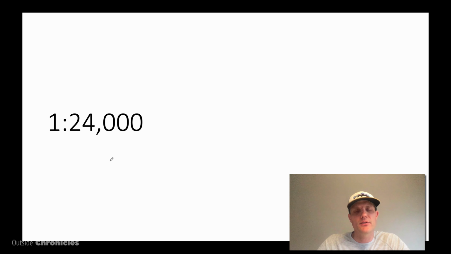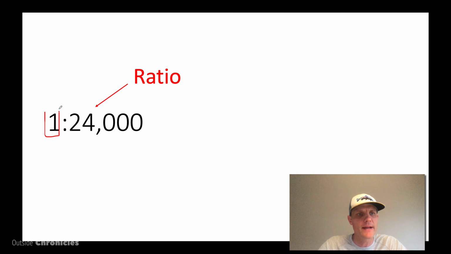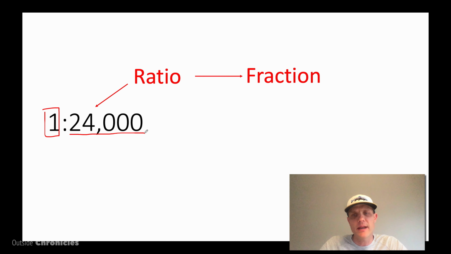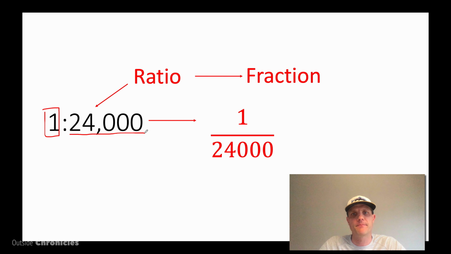Map scale is usually given in a ratio. In this case, it's 1 to 24,000. And what this means is 1 inch on the map equals 24,000 inches in the real world. And a ratio is a fraction, so we can rewrite this as 1 over 24,000.